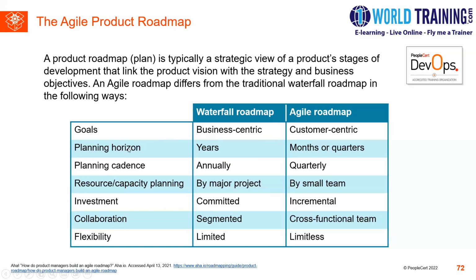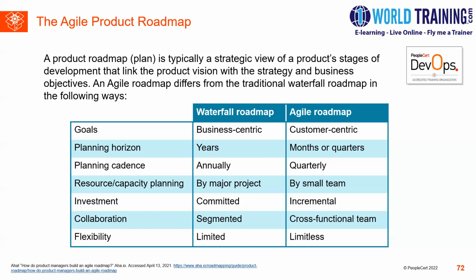The planning horizon for the waterfall roadmap is multiple years, because there are projects which used to take multiple years for completion, so the roadmap used to last for years. But the Agile roadmap depends on a shorter time span, a few months or a few quarters.